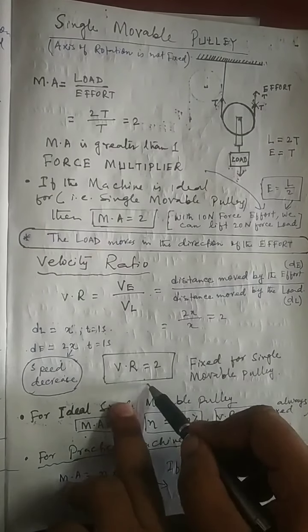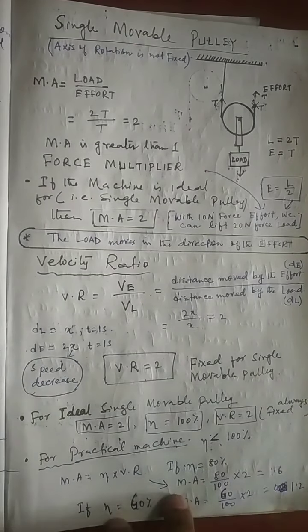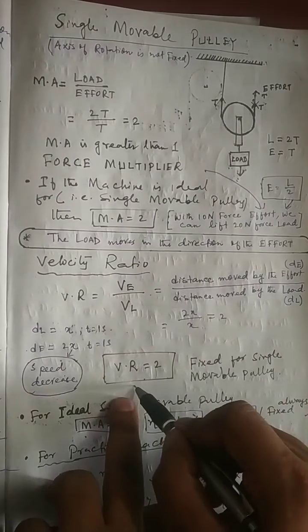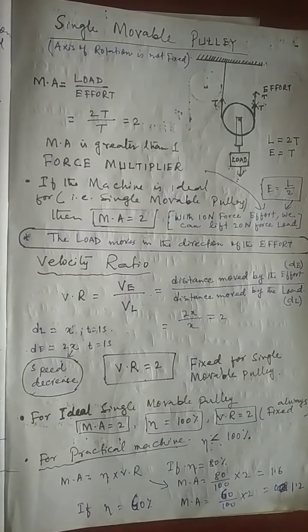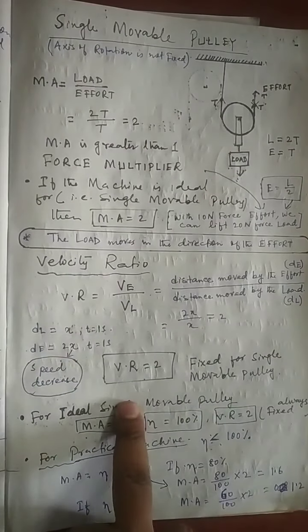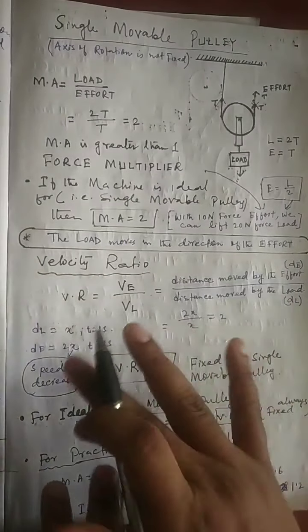VR is always fixed. If the question comes which quantity is fixed, mechanical advantage or velocity ratio, then the answer will be the velocity ratio. This case has been discussed in the previous video, so please go to the previous video, otherwise this will be confusing.